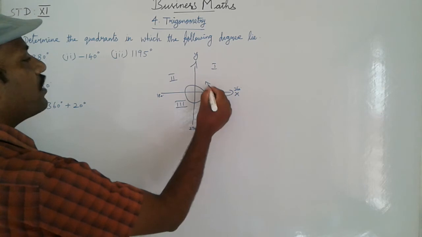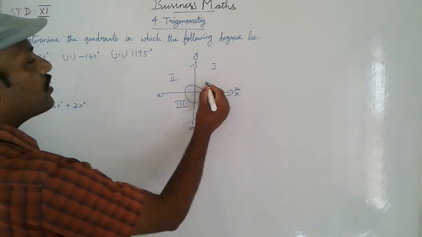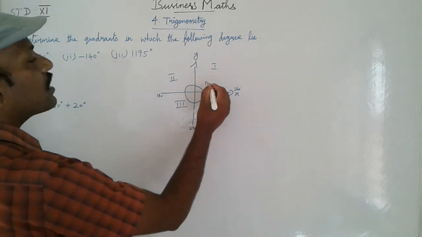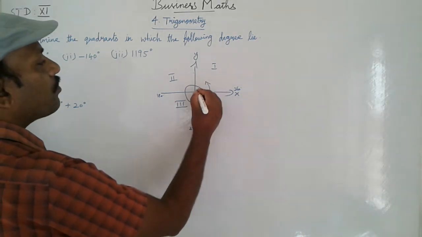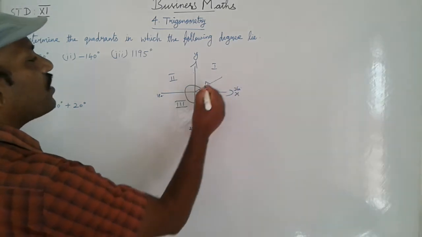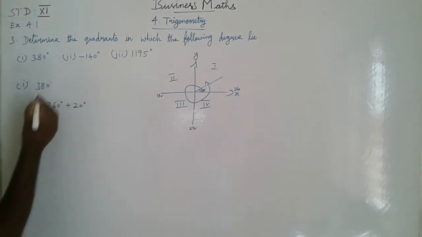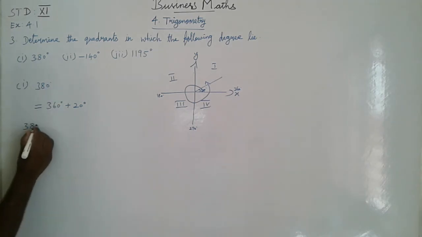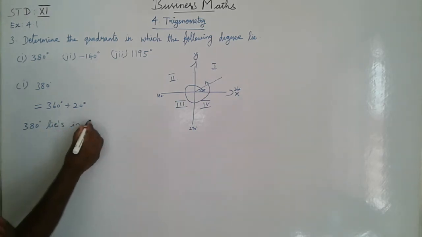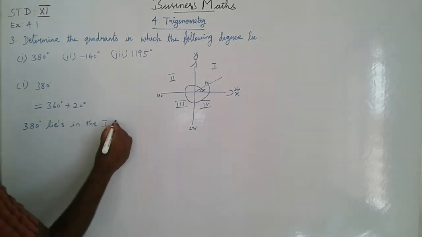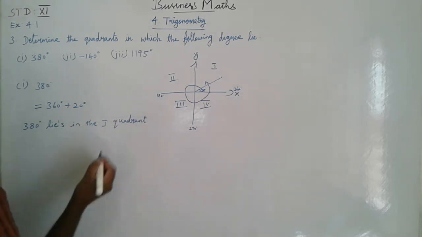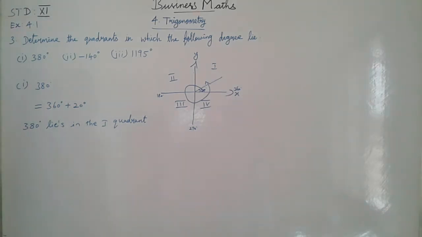Next 20 degrees. Which quadrant is 20? 0 to 90 is the first quadrant. So 20 is in this quadrant. We should measure this 20 degrees. Then this is the first quadrant. So 380 degrees lies in the first quadrant.